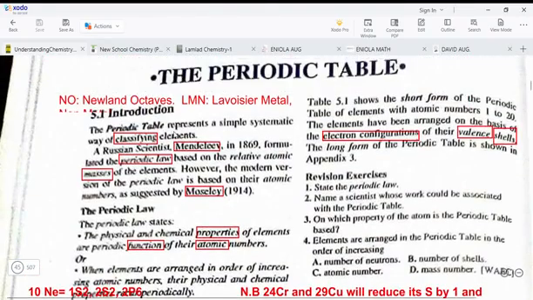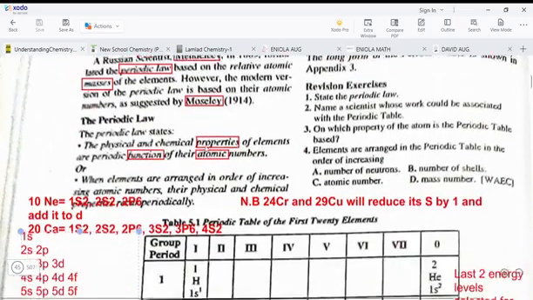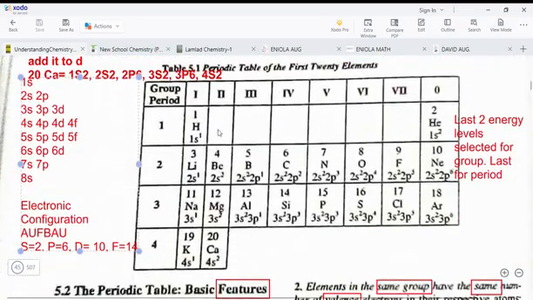Then another person was Mendeleev, Dmitri Mendeleev. The letter D of Dmitri Mendeleev, it means he was the one that designed the periodic table, and he left gaps when he was designing it, just like the way these gaps are. He left spaces for some elements that were yet to be discovered.